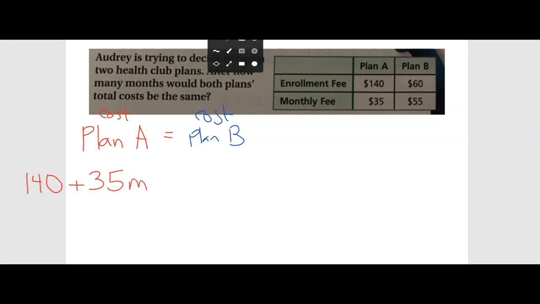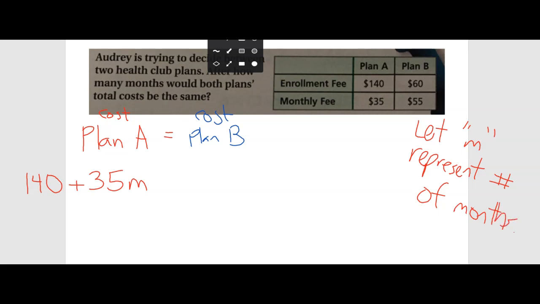And then over here, I'm going to say let m represent number of months. You are free to use x, you're free to use y, you're free to use whatever variable you want as long as you tell me what that variable stands for.